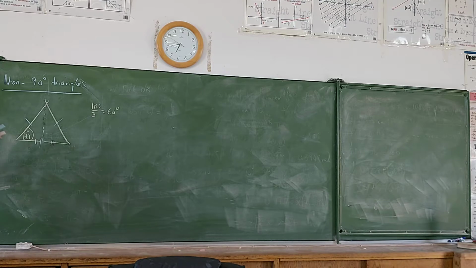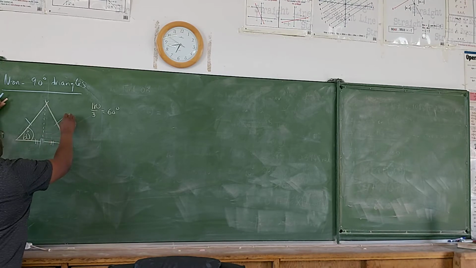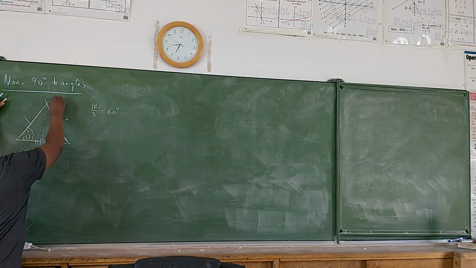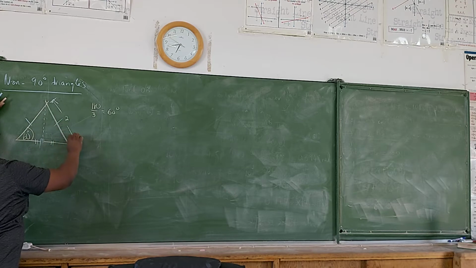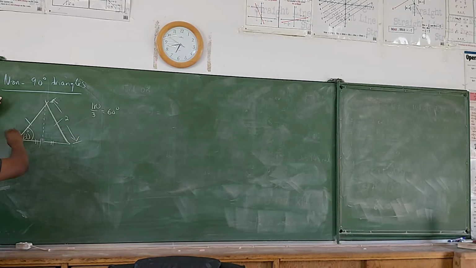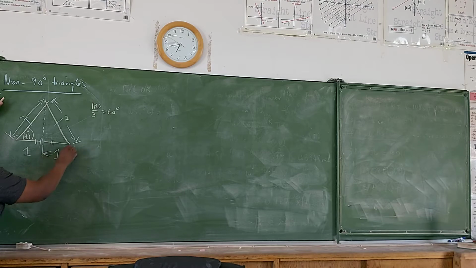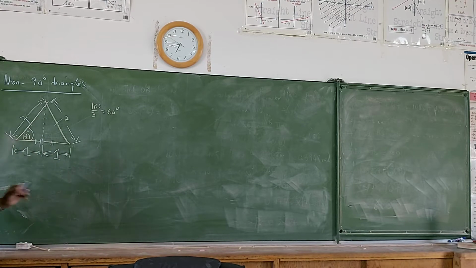Suppose this side was 2 units, then this is going to be 1 here, and that's going to be 1 there. You understand? Because of that perpendicular bisector that I dropped.